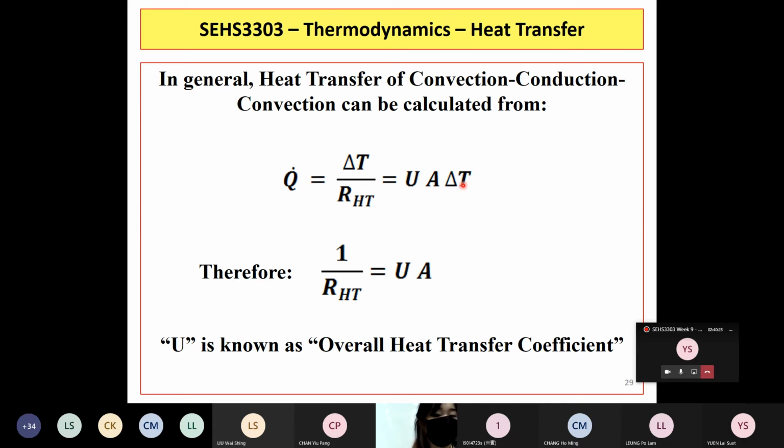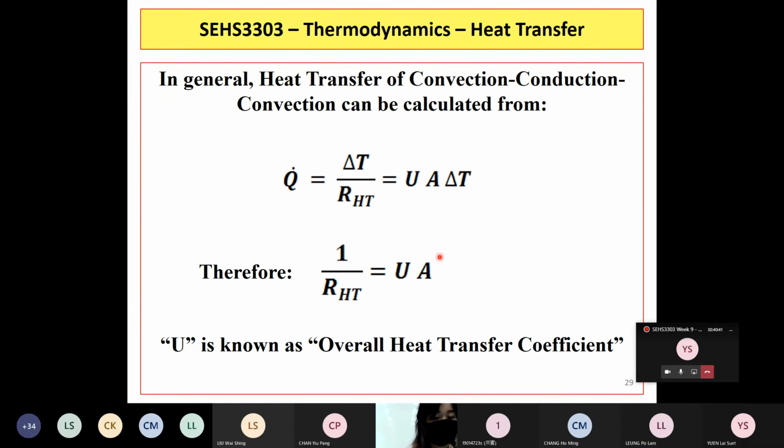If we rearrange it, we use U times area times the temperature difference.